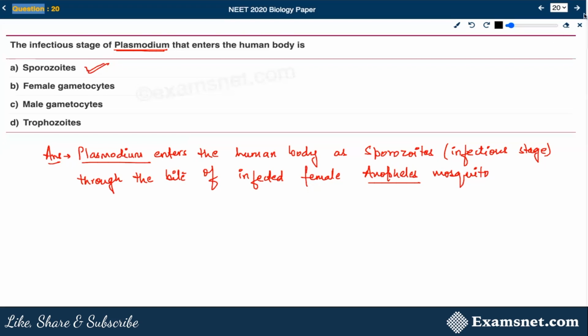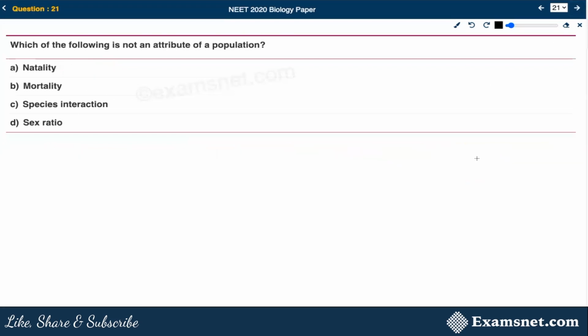Now let's move on to the next question, which is question number 21. Question number 21 says, which of the following is not an attribute of a population? All right. Attribute means character.